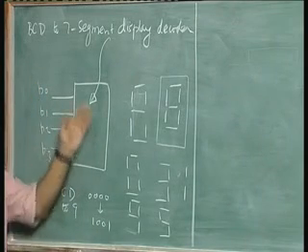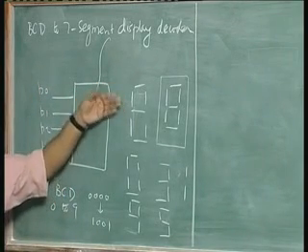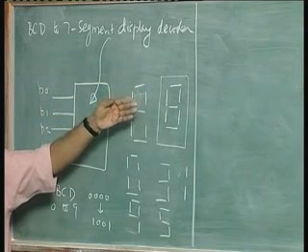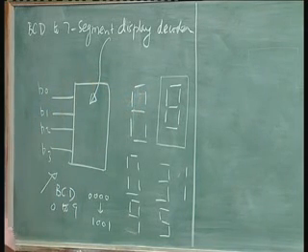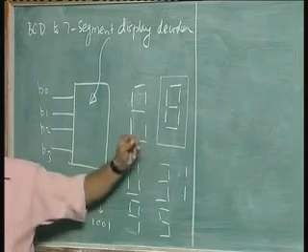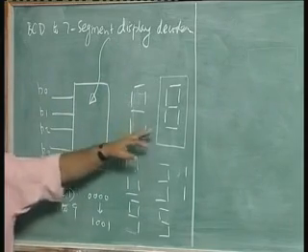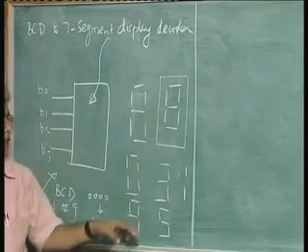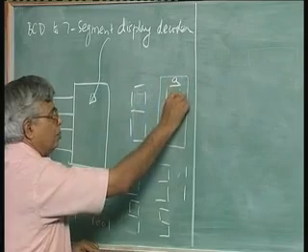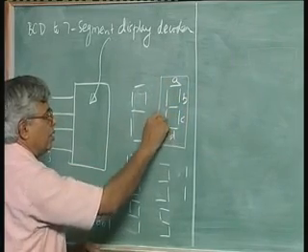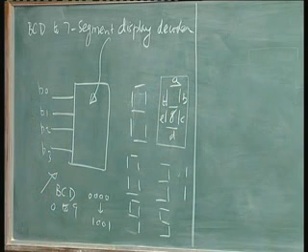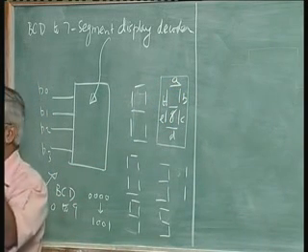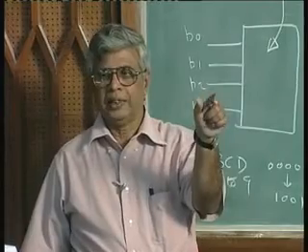So I should produce the corresponding signals so that a particular LED will be lit up or not. That is the function of this BCD to 7-segment display converter. This is called a 7-segment display because there are 7 segments. We'll call these segments A, B, C, D, E, F, G. A to G are 7 segments.